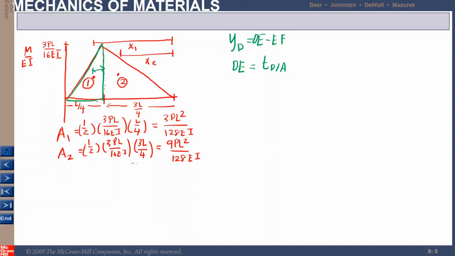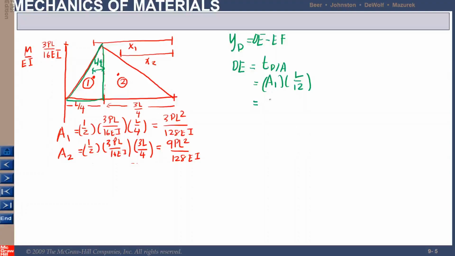So this is 1/3 from L over 4, which is L over 4 times 1 over 3, so L over 12. So just get the value of A1 here.